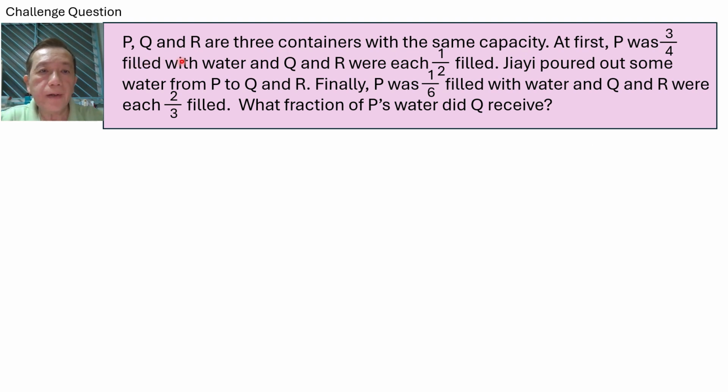P, Q, and R are three containers with the same capacity. At first, P was 3/4 filled with water, and Q and R were each half filled. So what was the ratio at first? 3/4 is to half is to half. We simplify this to whole numbers.